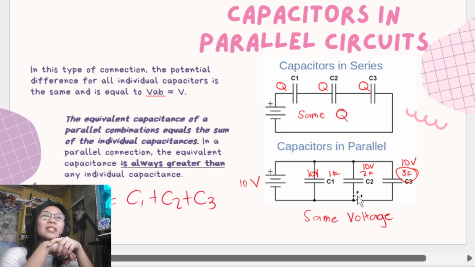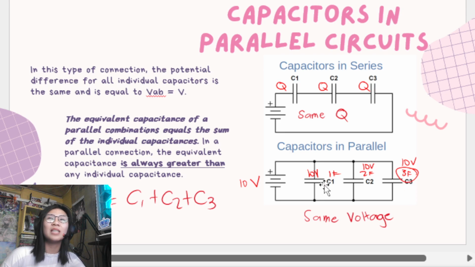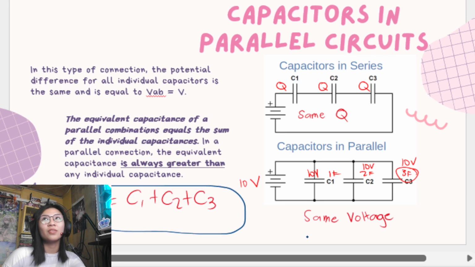So the equivalent capacitance of your parallel combination equals the sum of your individual capacitances. So technically, you just have to add them. So let's say we have 1 farad, 2 farads, and 3 farads as your capacitors, C1, C2, C3. You just have to add them. So that is 6, no? So CEQ in parallel is just adding all of them.